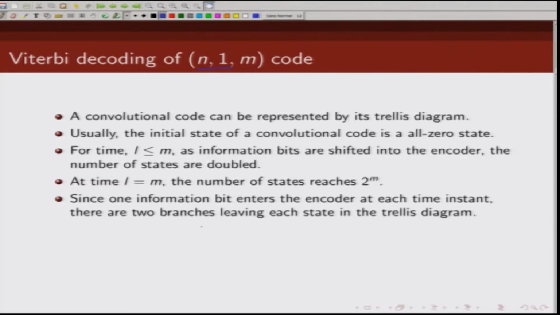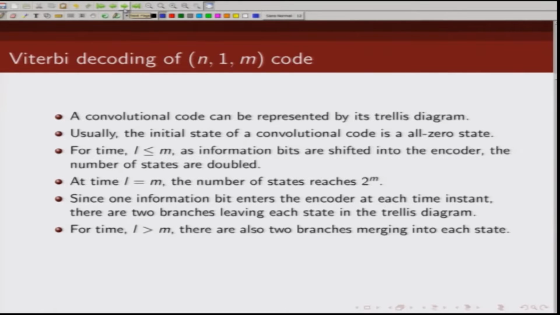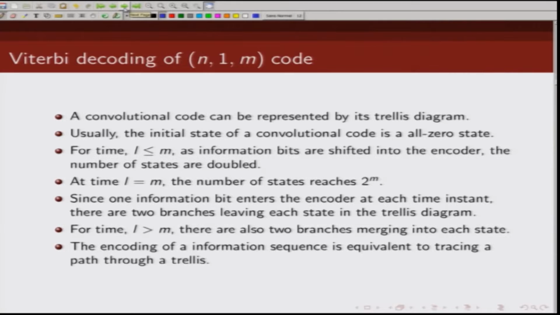So, in our trellis diagram we will see 2 branches leaving each state. Now, what happens when the time instance is more than the memory order? We will see that 2 branches are merging into each state, and encoding of an information sequence can be considered as tracing a path through this trellis. So, any path through this trellis is a valid code word.